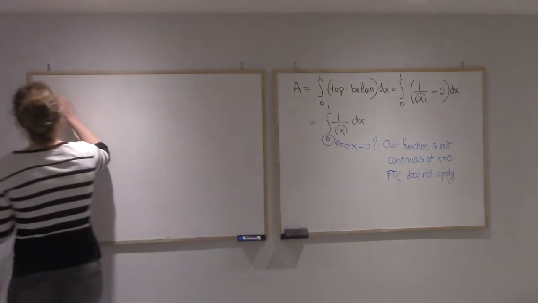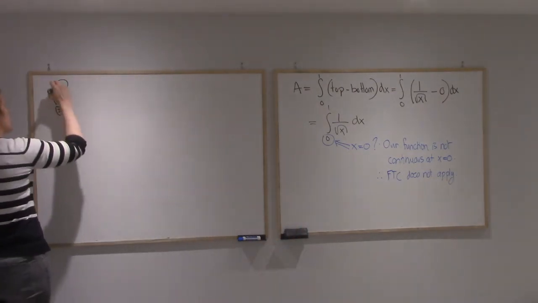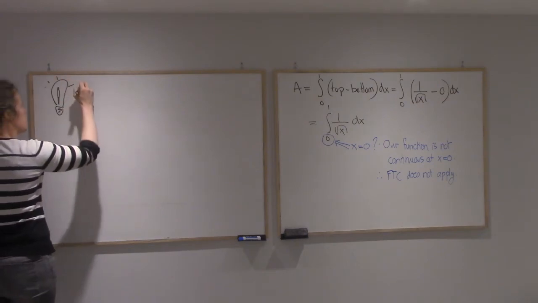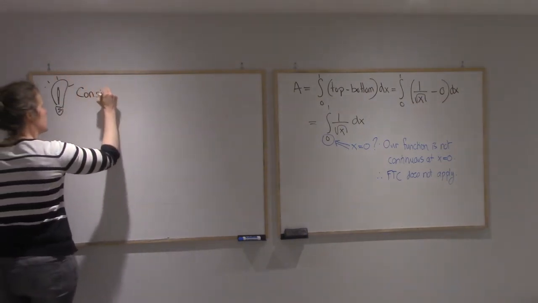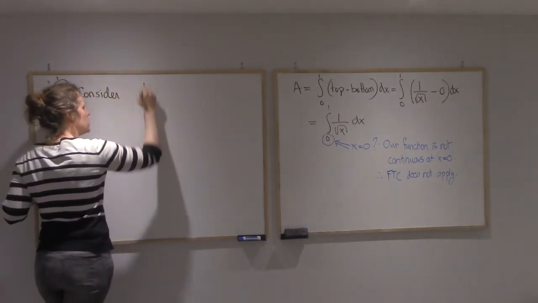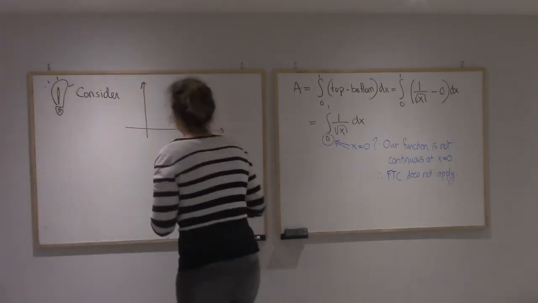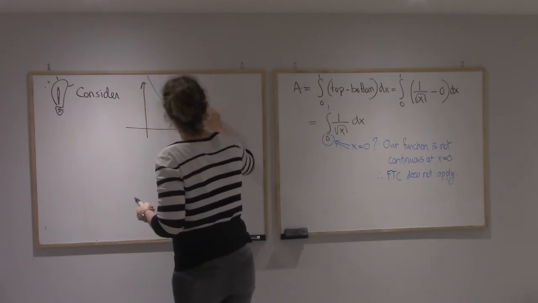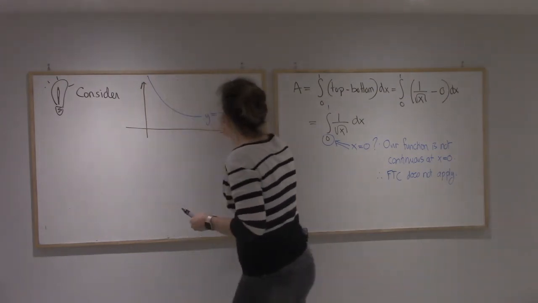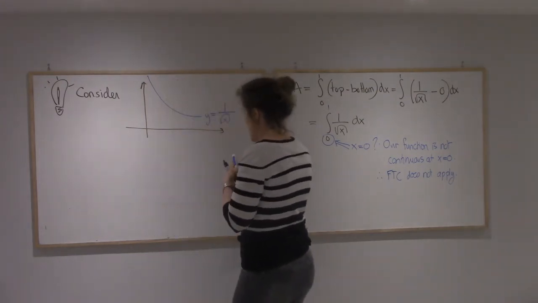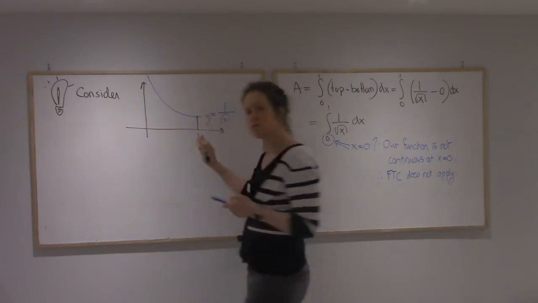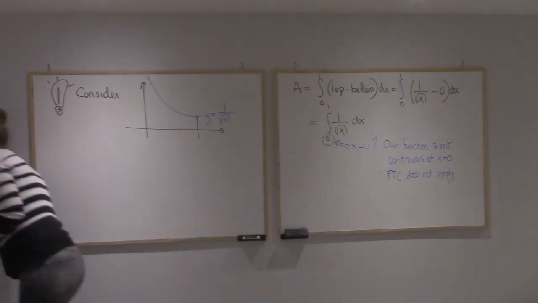All right, so the idea: I'm going to look at the same graph, and I'm going to go up to 1. I have no issues with 1, so there's no need to stop.